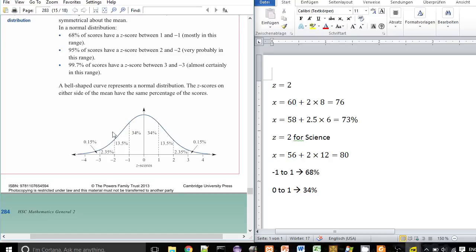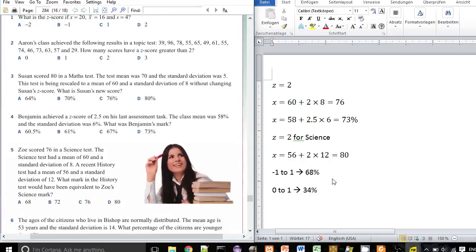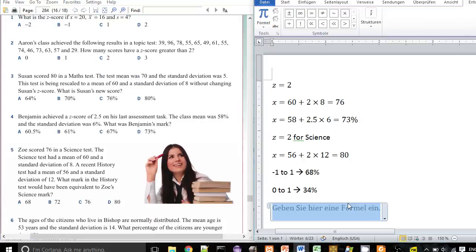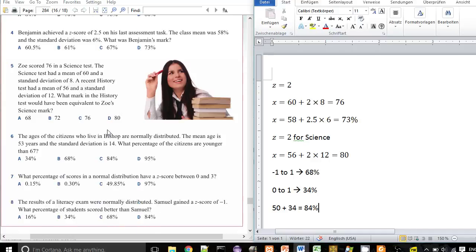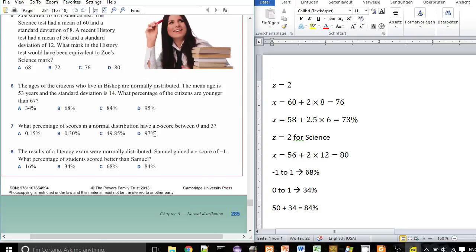I don't know if that makes sense, but anyway, so we're going to do 50% plus 34, 84%. Okay, so that's the answer for this one, and that's because it's a z-score of 1. I figured that out just because it's 14 above, and that's the standard deviation.